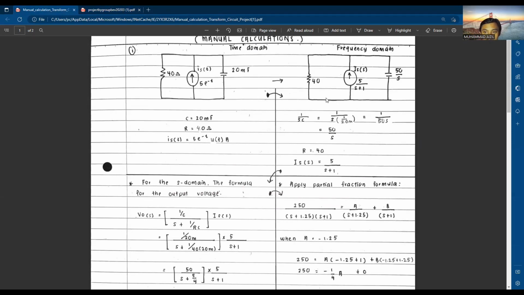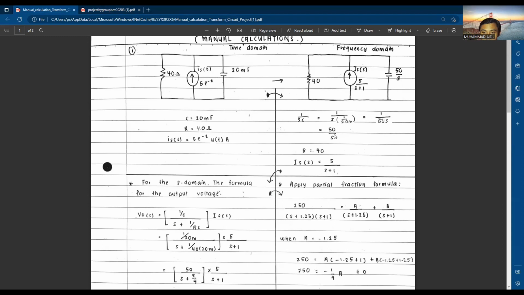So when we change to frequency domain, we found out that the value of the resistor is actually the same, which is 40. But for the capacitor, the formula is 1 over SC, so we put in 1 over S multiplied by 1 over 20 milli, equal to 1 over 50S.